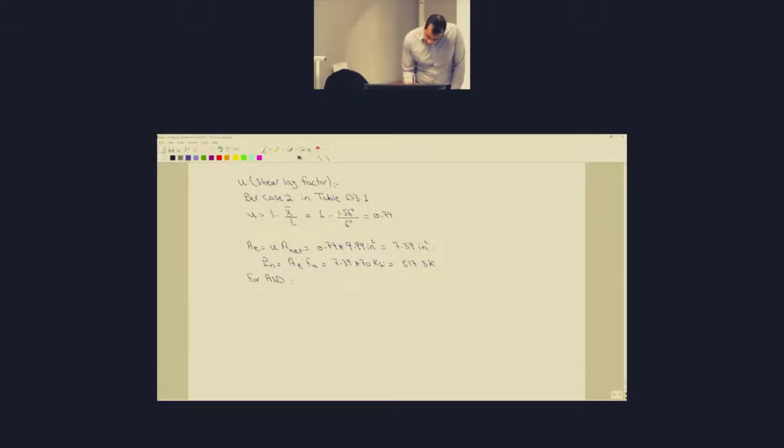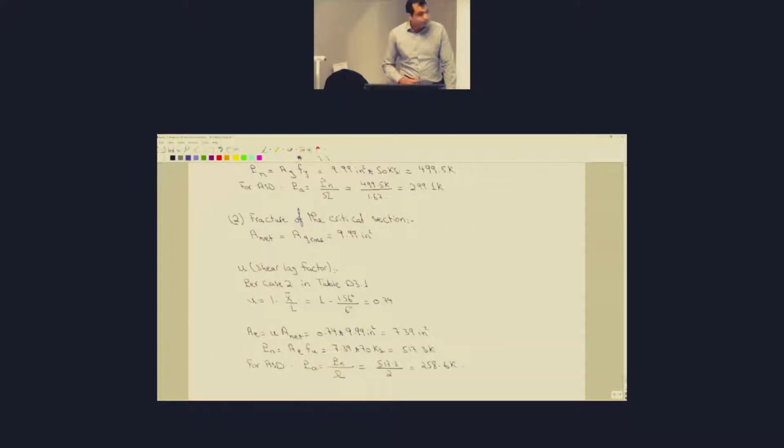So for the ASD, this nominal strength is just divided by the factor of safety omega, which is equal to 2. So 517.3 divided by 2. So that's 258.6 K. So now we have two values, 299.1 for the yielding and 258.6 for the fracture of the critical section.